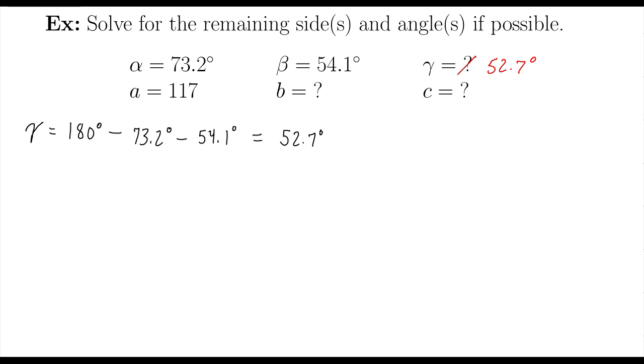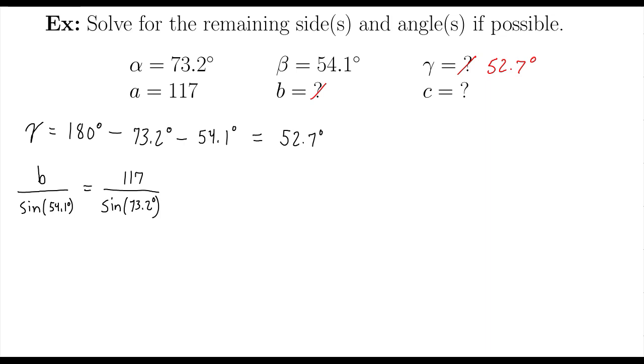Okay, so I found gamma. Now I need to use the law of sines in order to find the missing sides. I'm going to start with B. B over sine of 54.1 degrees, which is beta, equals A, 117, over sine of alpha, which is 73.2 degrees.